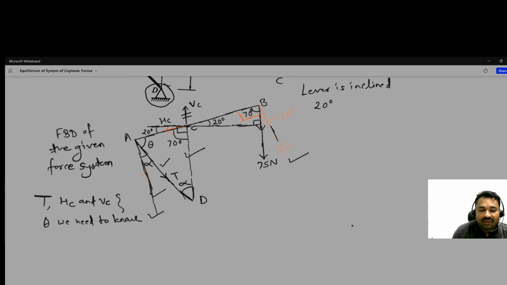So how to know it? Because there are two unknowns, alpha and this theta, and only one angle is known here.